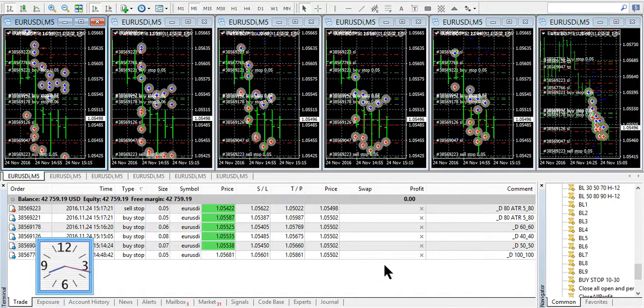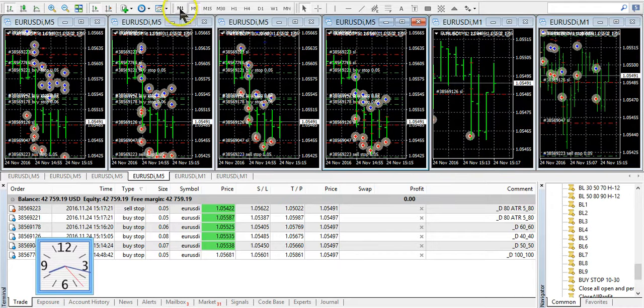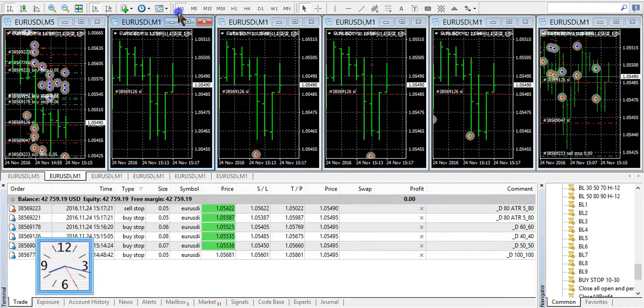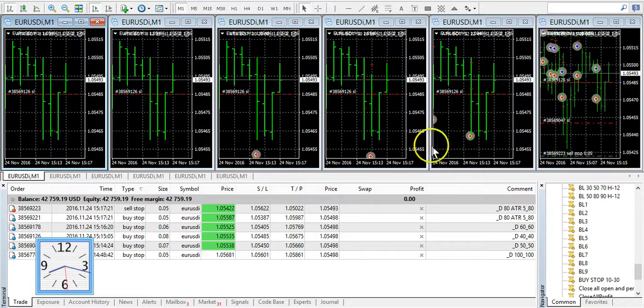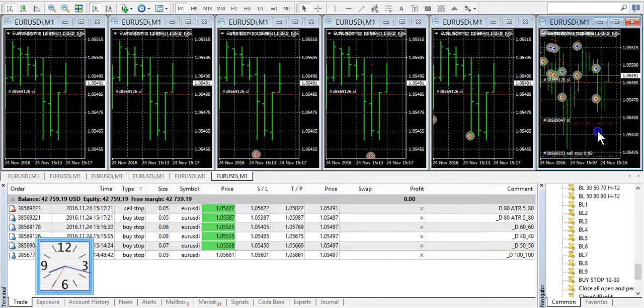I don't even know if it cancels out anything. I don't know if it activates it to change the time frame, but you could duplicate this whole array on another bank down there and just run 5 minute, 1 minute. You probably want to use a different scheme on those.